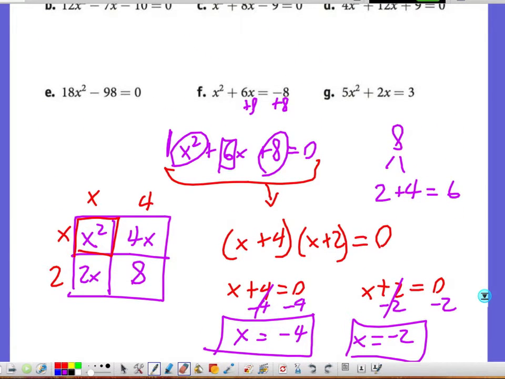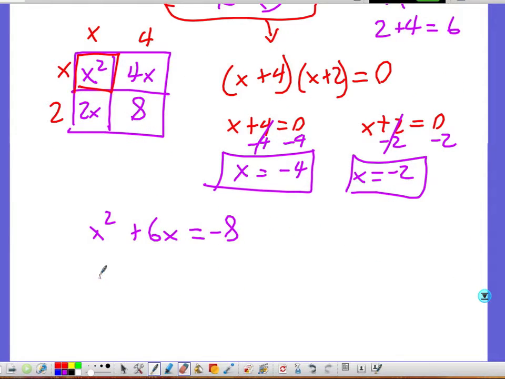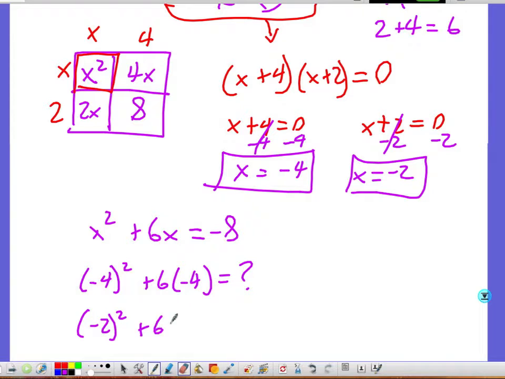And all we have to do now is take your original equation, x squared plus 6x equals negative 8, and plug them into the original equation. So negative 4 squared plus 6 times negative 4. What is that going to equal? And then negative 2 squared plus 6 times negative 2.